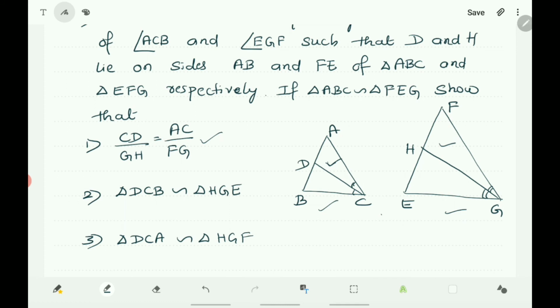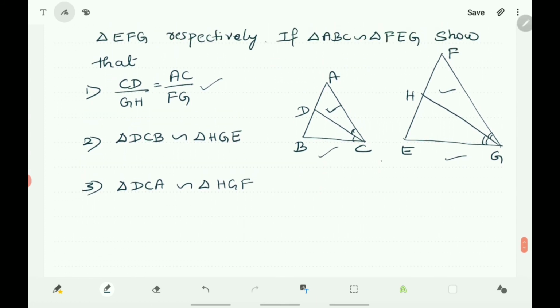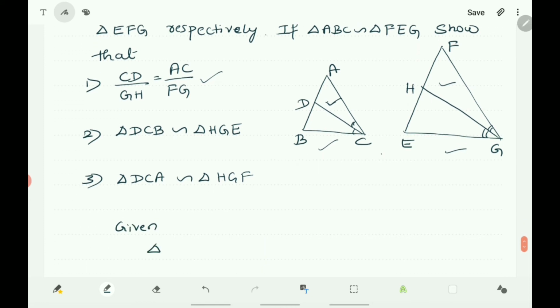And first you take the given. What is given here? Triangle ABC is similar to triangle FEG is given. It means the corresponding angles of triangle ABC and triangle FEG are equal.